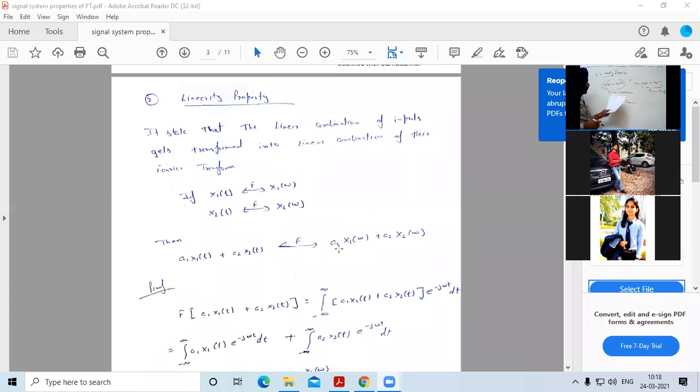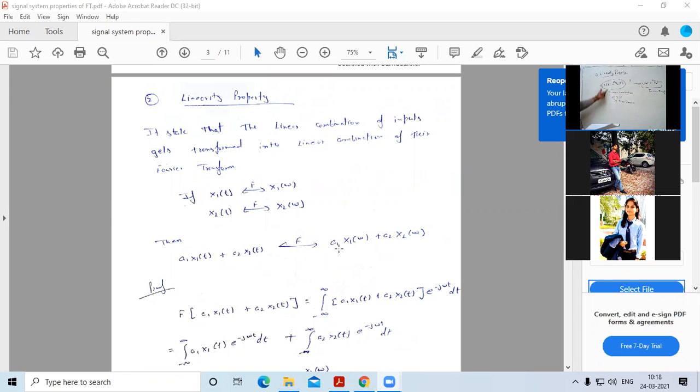The proof of this theorem is very easy. In some books, the constants a1 and a2 are taken here. The constants keep the same values: if we apply constant a1 with x1(t) and a2 with x2(t), we get a1 X1 of omega and a2 X2 of omega in the Fourier transform.